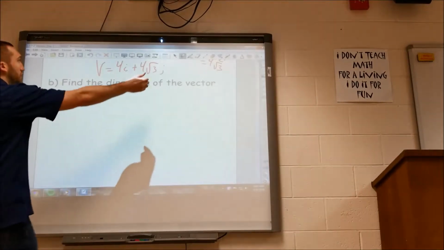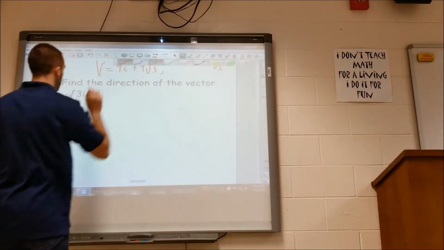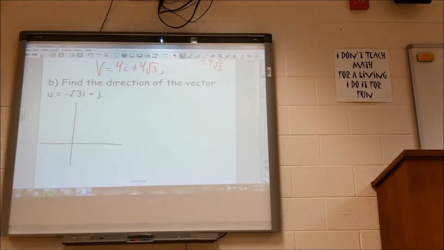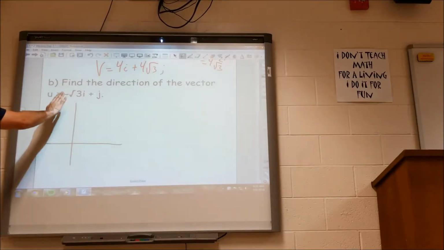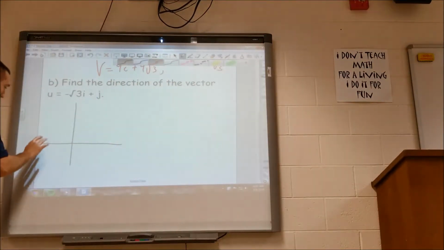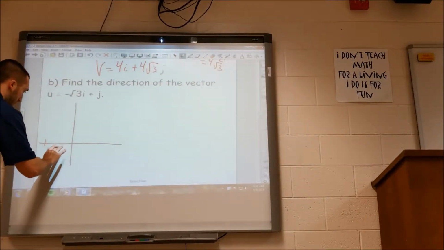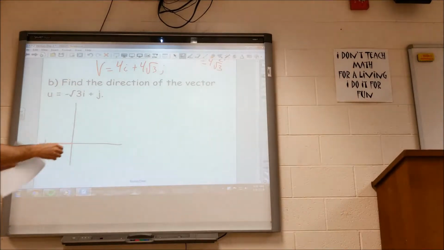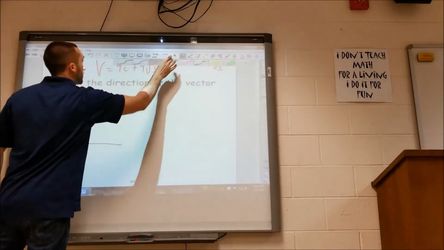So just a brief sketch. Okay, so we can see that our X component is negative radical 3. Okay, so negative radical 3. Something like that, right? That distance there. And our Y component is just 1.